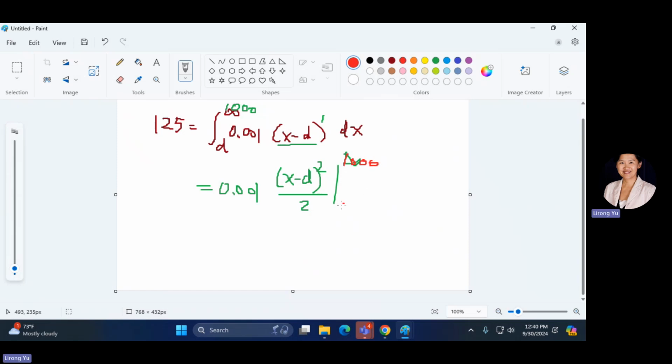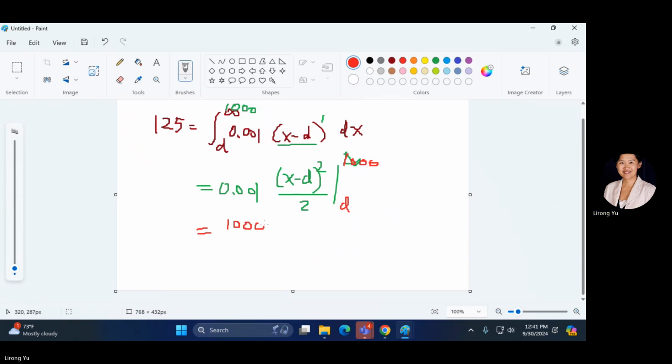So the integration is from d to 1000. If you put in d, x minus d is 0, so the lower bound is really value 0. That's the whole point of keeping x minus d. The upper limit is 1000 minus d, so you plug in the upper limit.